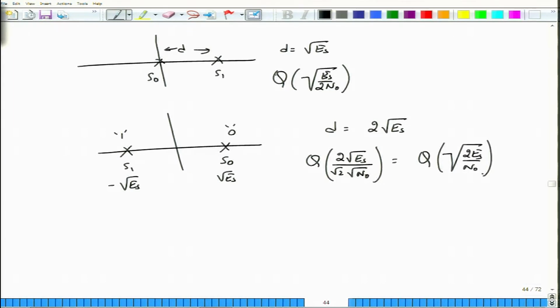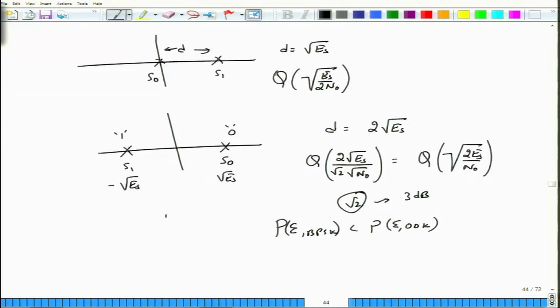You can actually show that the square root of 2 factor translates to about 3 dB improvement in the performance of the system. So, this is the error that we actually make, and you can also clearly see that the probability of error for the BPSK system will be lesser than the probability of error for the coherent on off keying or the simple on off keying system.